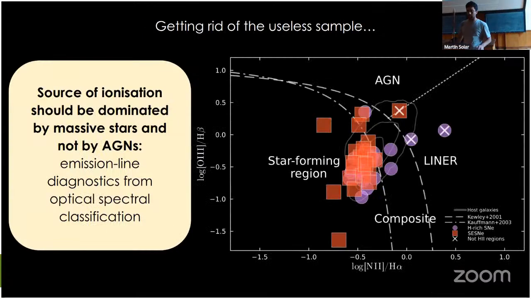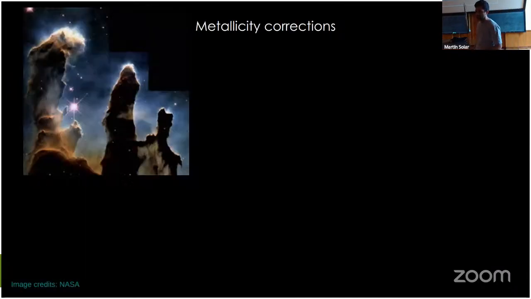Something I want to say before is that we don't use these three samples given by the crosses, because of something called the BPT diagram, which is an emission line diagnostic, where the ratios of O III and H beta and the ratios of N II and H alpha tell us how the gas was ionized. It could be by massive stars in star-forming regions, an AGN, an active galactic nucleus, or LINER galaxies. We only get rid of 3 data samples, which I didn't include before, but it's worth saying this.